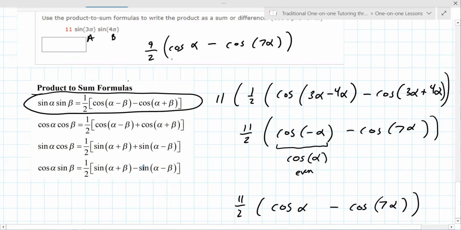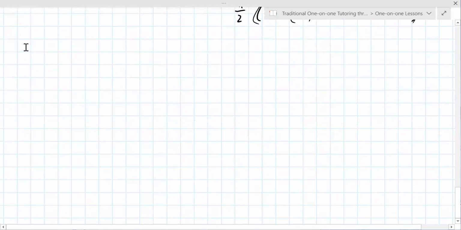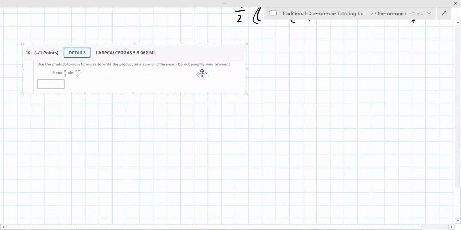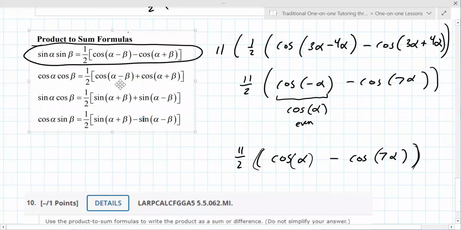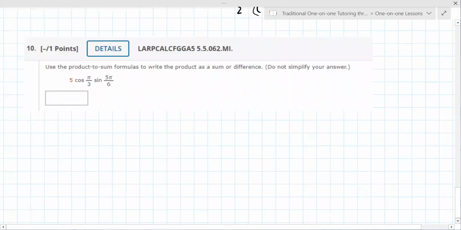So check your sign. Check your parentheses, Niko. Check you got big parentheses. Jamie, it sounds like you had a 9 here instead of 11. Yeah, I forgot the parentheses. Okay, great. So this is exactly the same problem here, Niko, except instead of symbolic, you've actually got angles, so you have to evaluate.